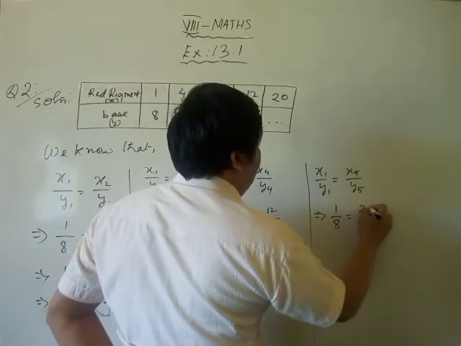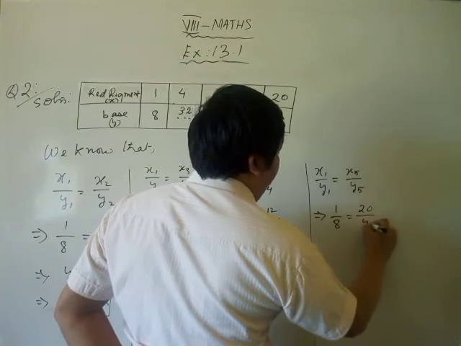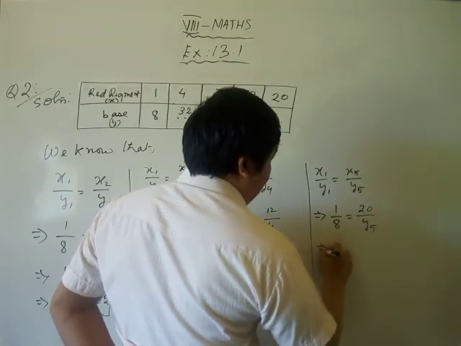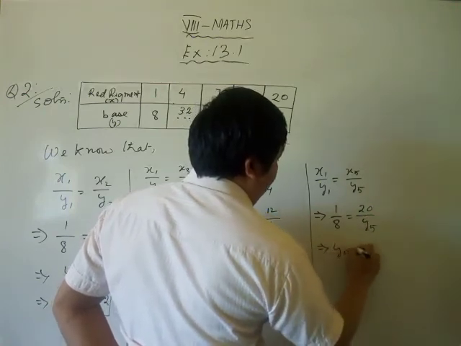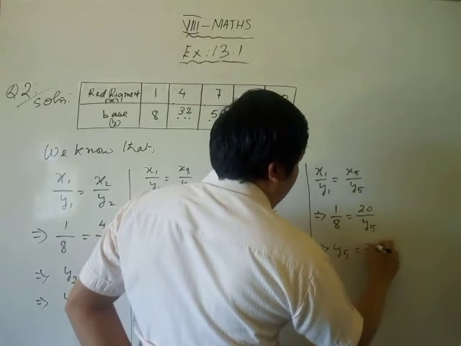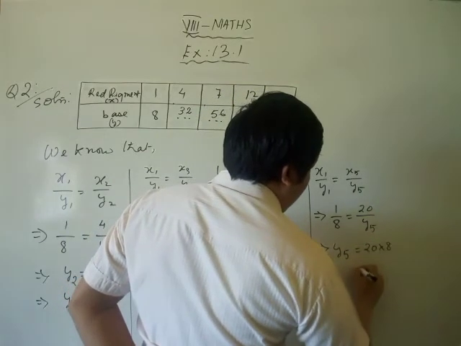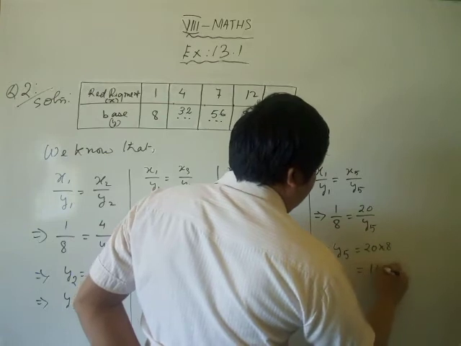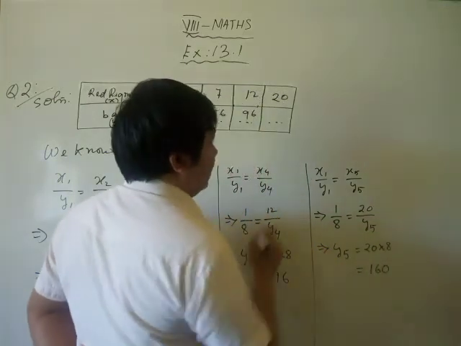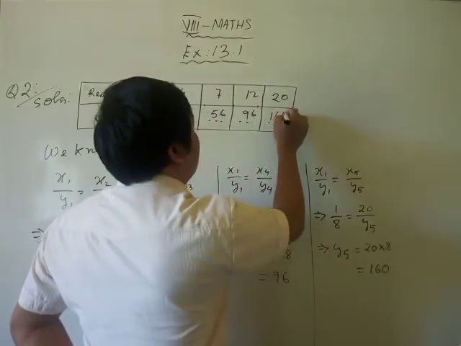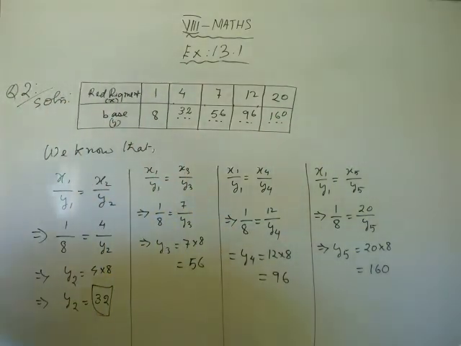How much will be here? And y5 will be y5. So this implies that y5 will equal 20 into 8. That means 160. Yes, 160. So here we finish finding out the answer.